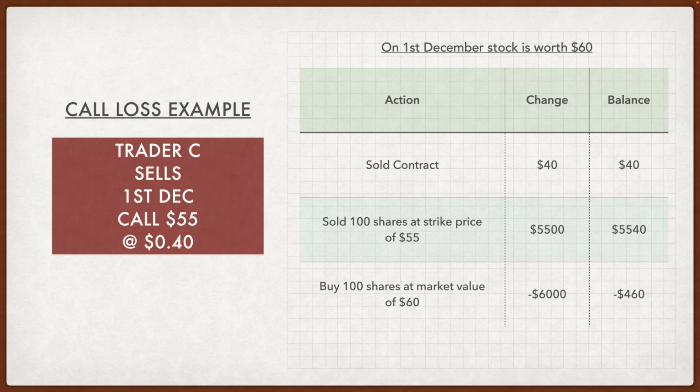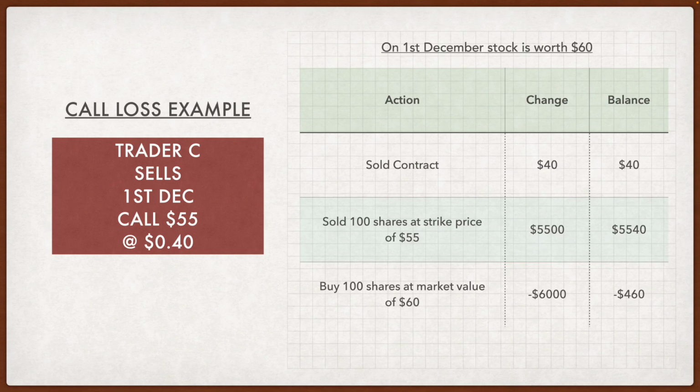And remember, these stocks have a market price of $60, so that's a loss of $5 per share. They do receive the full amount for that stock, which is $5,500, and they have a balance of $5,540. But then they do have to buy those shares at the market value of $60, which means they're paying $6,000 and they are ultimately down $460.